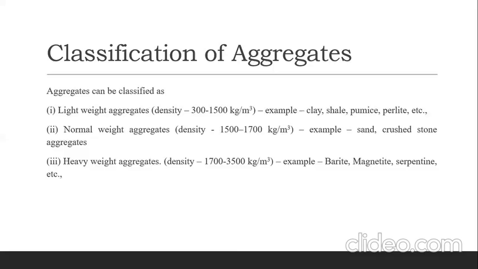The main purpose is to retard the harmful rays coming from the nuclear reactors. For that purpose, this type of aggregate is used for the construction of nuclear storage yards.